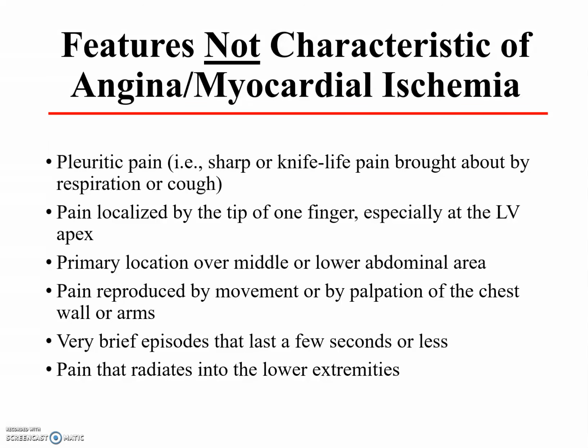If there's a very sharp pain, especially brought about by breathing in or coughing, if a patient can localize the pain with the tip of one finger, especially near the stomach or around the apex of the left ventricle, if it's more in the middle or lower abdominal area, or if it's produced by movement or palpation or touching the area, if it's very, very brief and goes away very quickly, and if it radiates to the lower extremities. So these are characteristics not related to typical angina, and other conditions need to be considered.